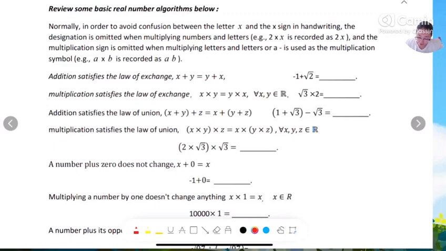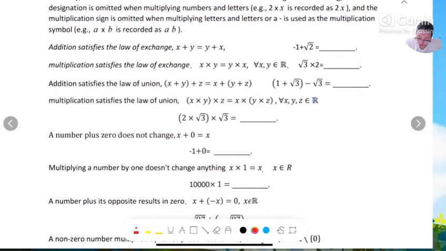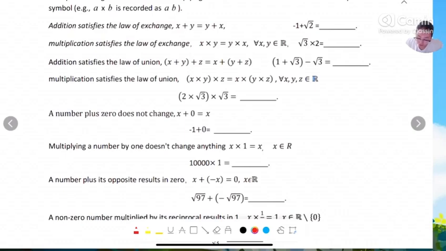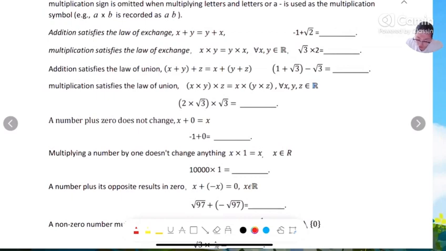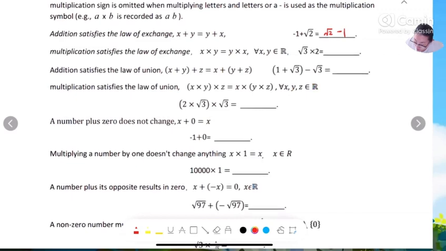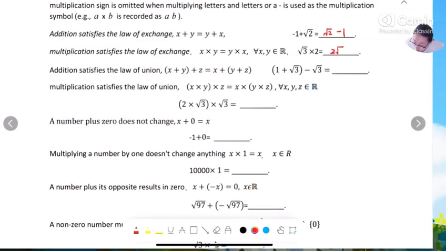So next, let's review some algebra calculation rules. They are useful in our calculation. First, addition satisfies the law of exchange. So -1 plus the square root of 2 is equal to the square root of 2 minus 1. Multiplication satisfies the law of exchange. So the square root of 3 times 2 is equal to 2 times the square root of 3.